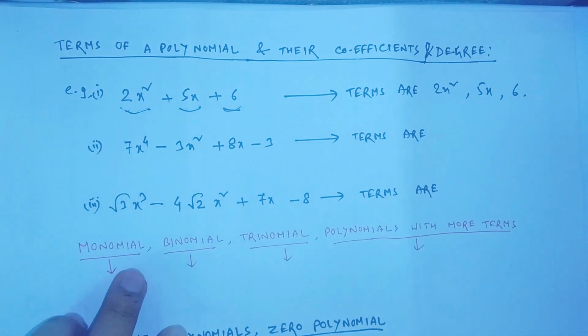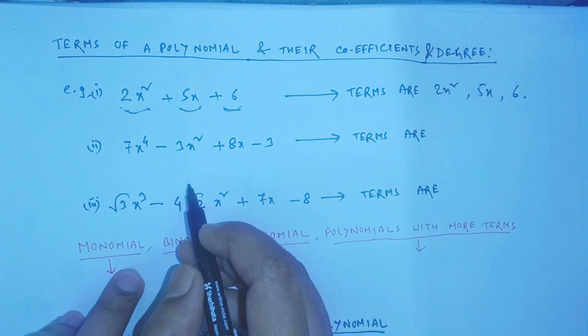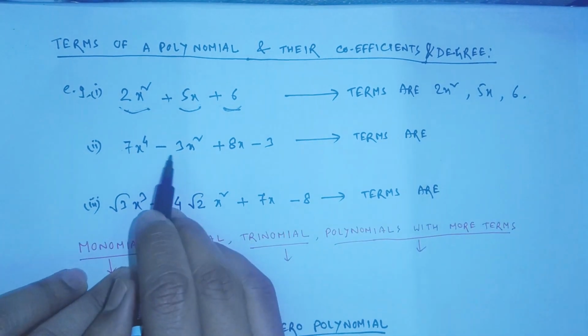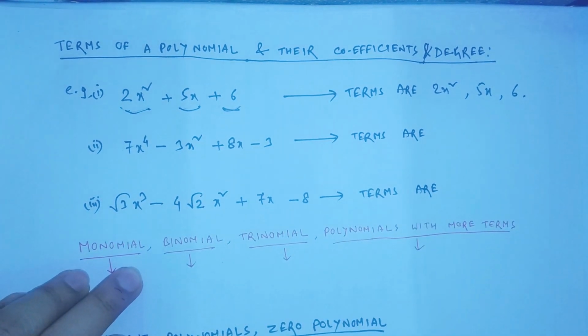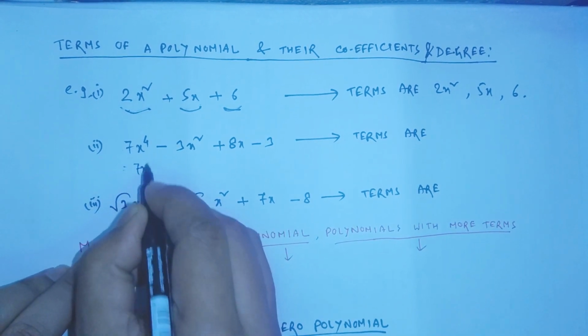Then the next example. I said already, terms are the parts which are added, so you cannot consider which are subtracted and so on. But you see here two terms are subtracted. Let us modify this polynomial. It is 7x to the power 4.